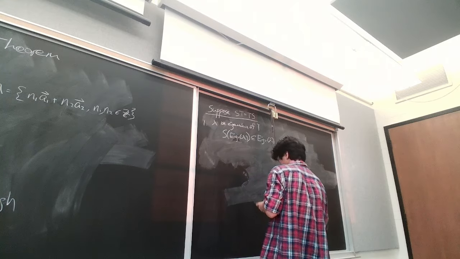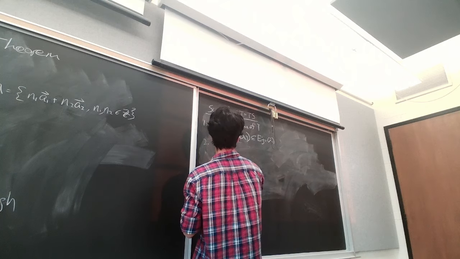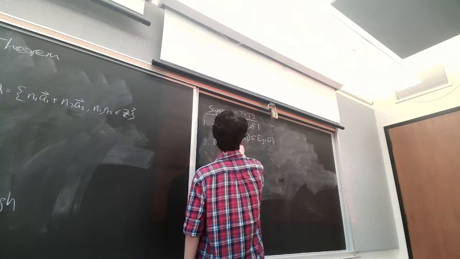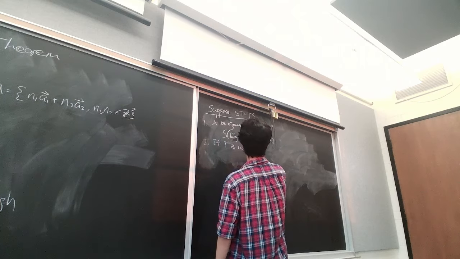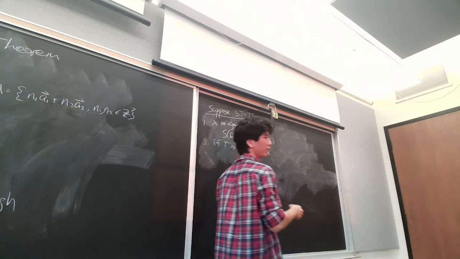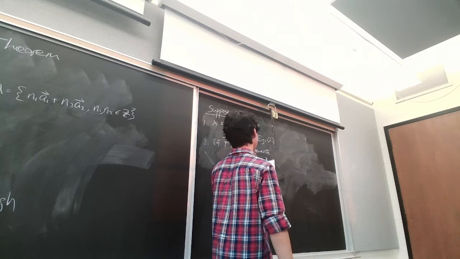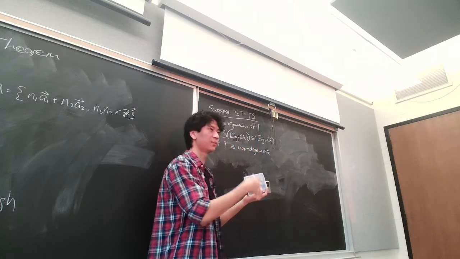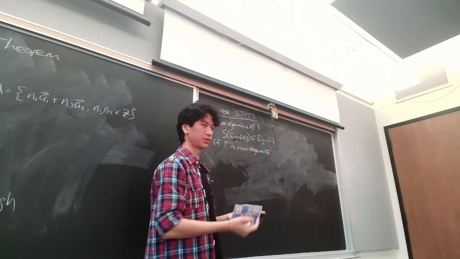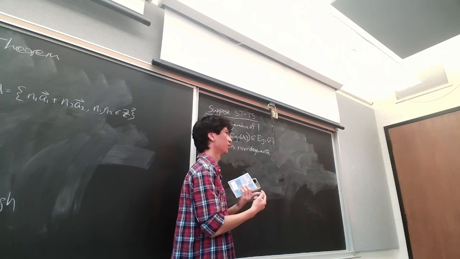Okay, so the second step is: if T is non-degenerate, which means that no eigenvalues are equal, so if two eigenvectors have the same eigenvalue, they must be multiples of each other, which means that every eigenspace is of dimension 1.